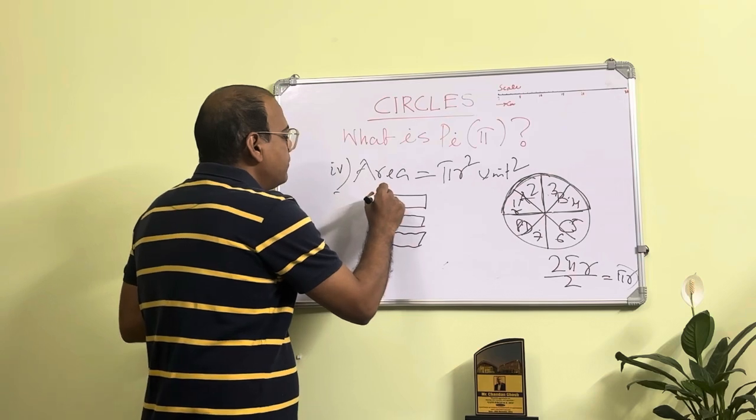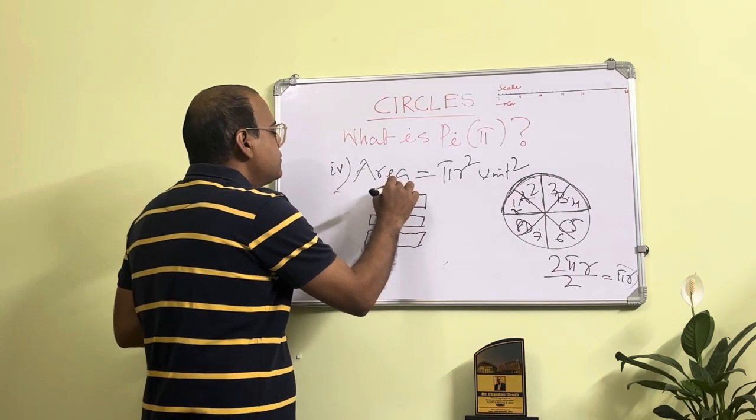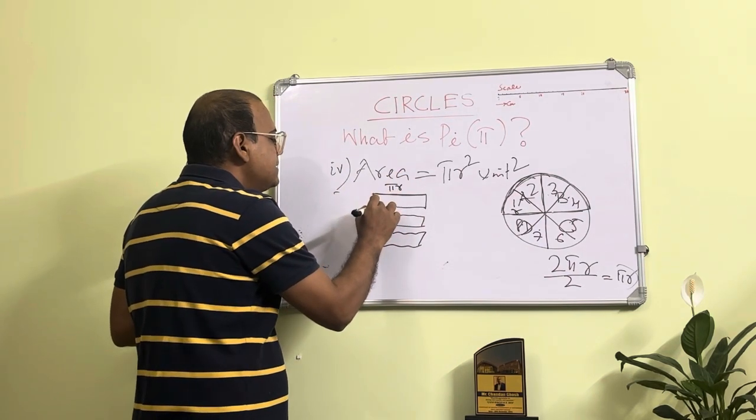So what we have seen here, this portion is pi r, and this is the radius.